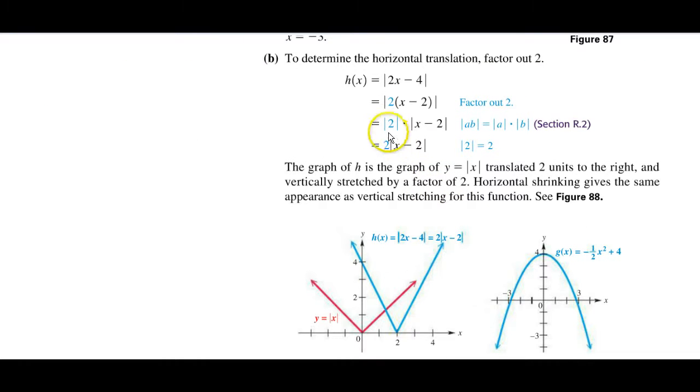Now, in example B here, we're looking at this, and they're saying, well, what can we do? We would factor the 2 out of there, and then factor this into 2 parts, so we then get a 2 outside. So again, we're going to shift this because of the negative 2 in here over 2 units.